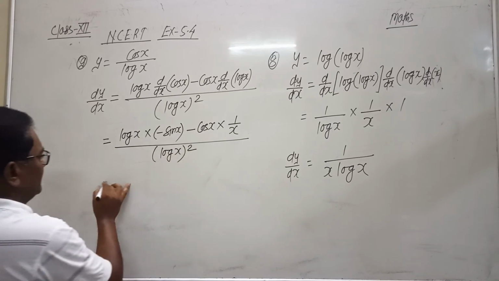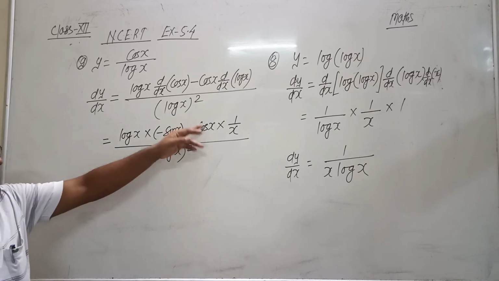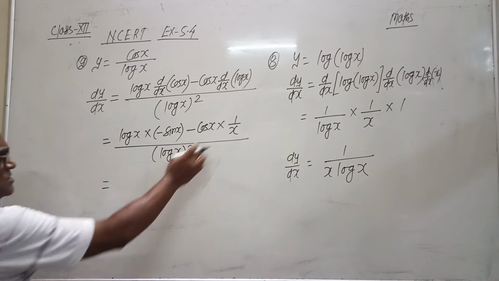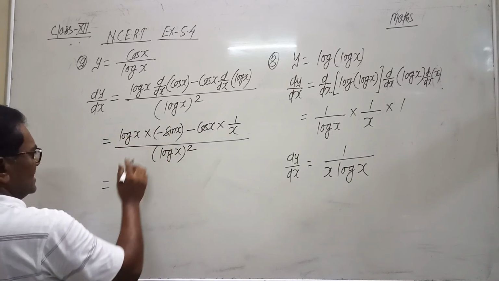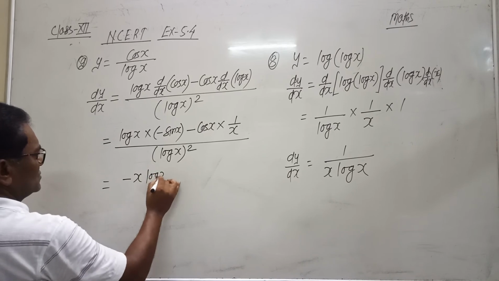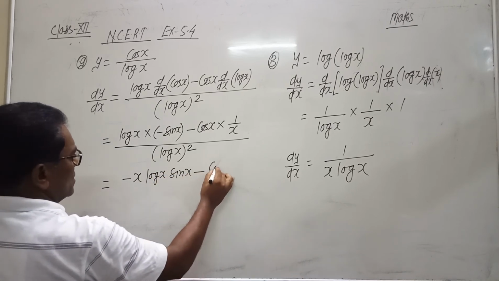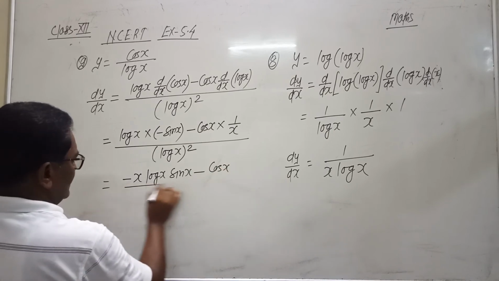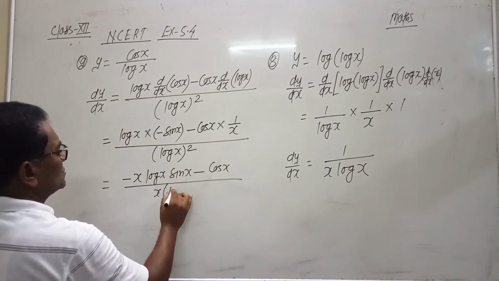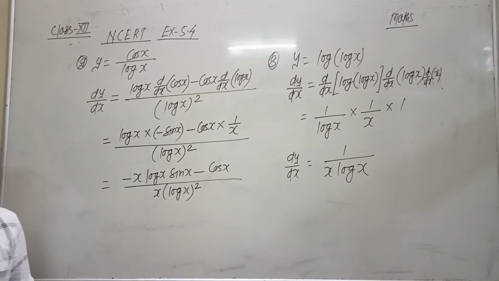Now in the numerator place we will take LCM. x is the LCM. So it gives minus x into log x into sin x minus cos x, and this LCM would come at denominator place. So x into log x the whole square.